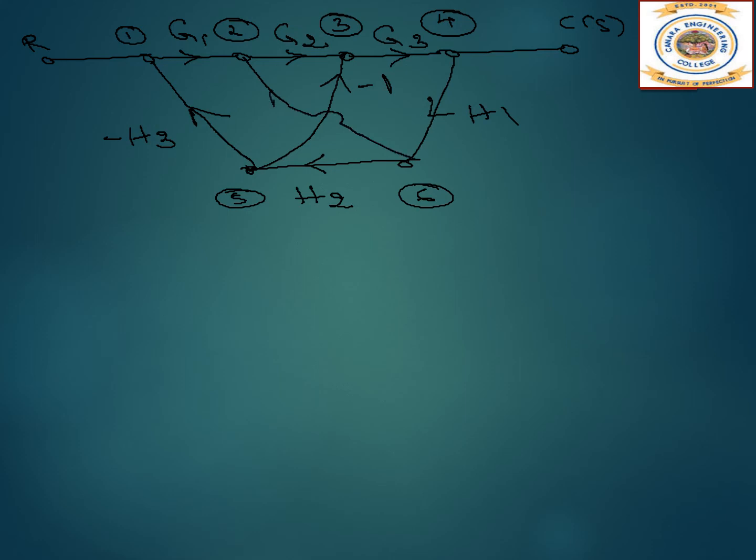So from 5 to 1 we have one connection here, okay, it's a feedback with minus H3. 5 to 6, so here also we have H2, and between 4 to 6 we have H1. Then 5 to 3 we have a connection this way, so that is minus 1, and 2 to 6 we have a connection again, that is also minus 1.